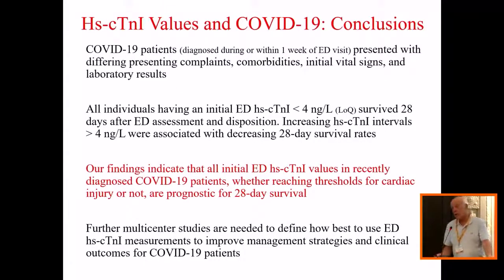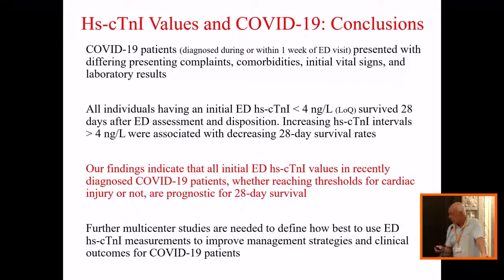So one of the conclusions we had was that any woman who came in with an initial level below the LOQ survived 28 days. And then the higher the level, and as I showed on the previous slide, if you were in the highest level, it was almost a 50% mortality. So it was pretty high.